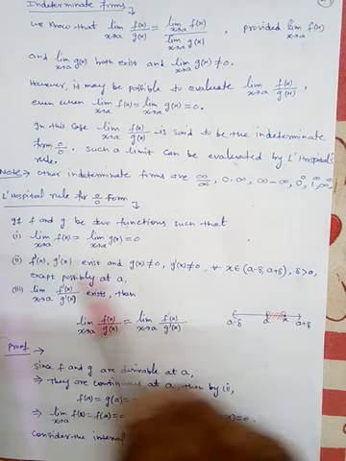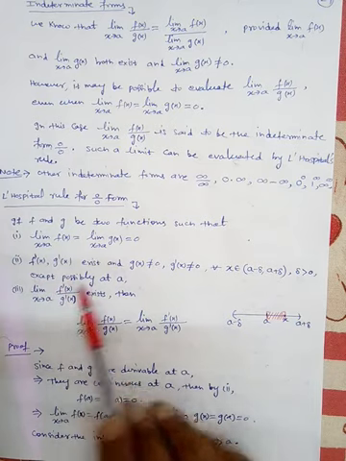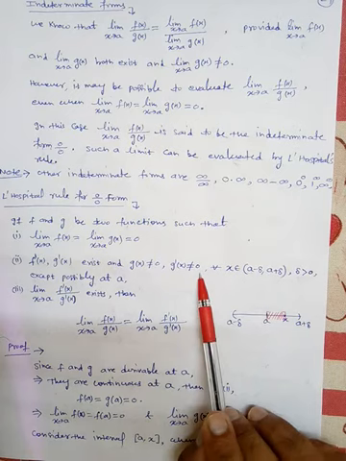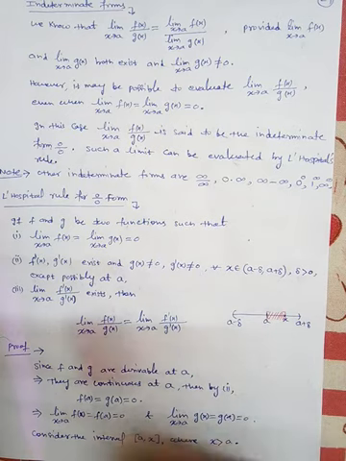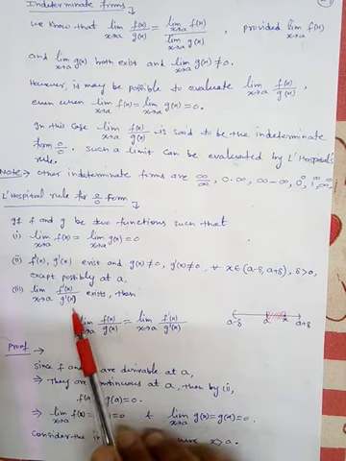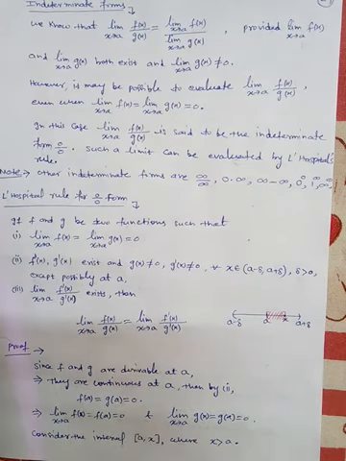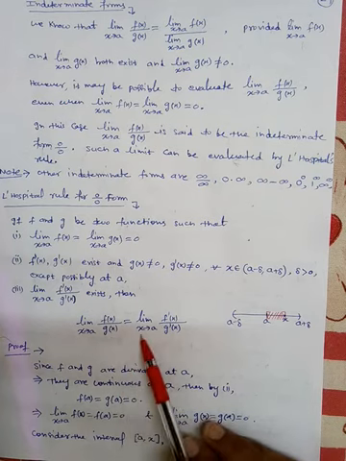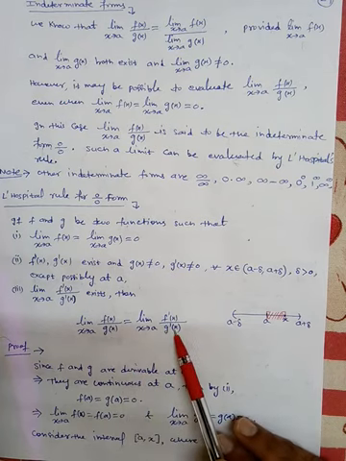Both limits should be 0, both functions are derivable, g of x and g dash x both should be non-zero in this interval except possibly at a, and third, limit x tending to a f dash x by g dash x exists. Then limit x tending to a f of x by g of x is nothing but limit x tending to a f dash x by g dash x.